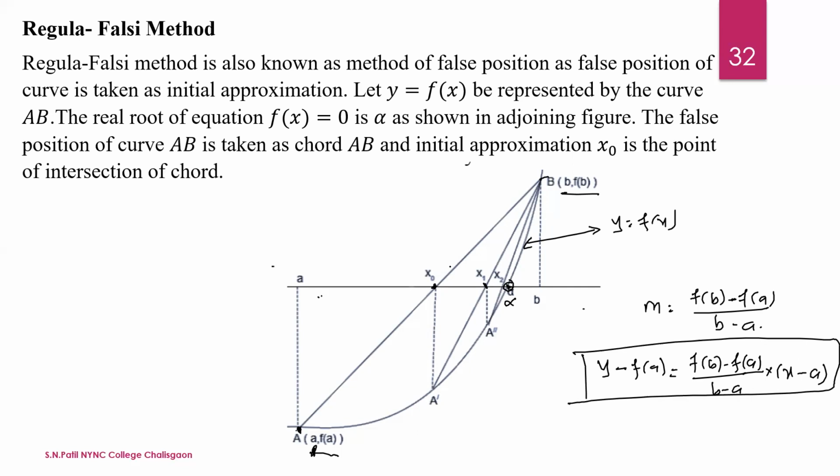Okay, and we approximate the first root as x0, which is false. That's why we call it the false position method. The position of this root is false.